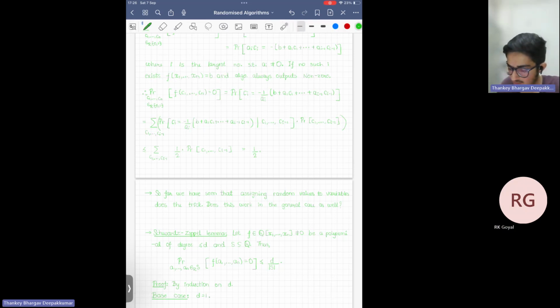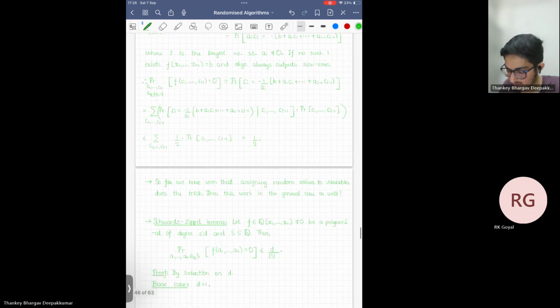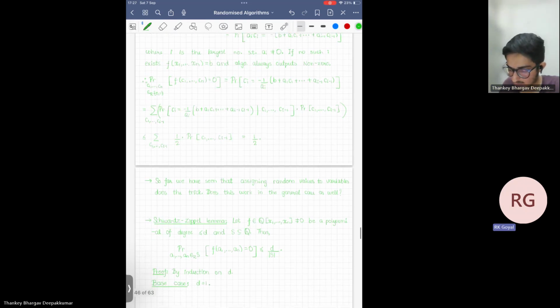And what type of algorithm is this? This is clearly Monte Carlo, single-sided, one-sided error Monte Carlo. Or it could be RP kind of thing. This isn't co-RP, but over here it's one-sided error.